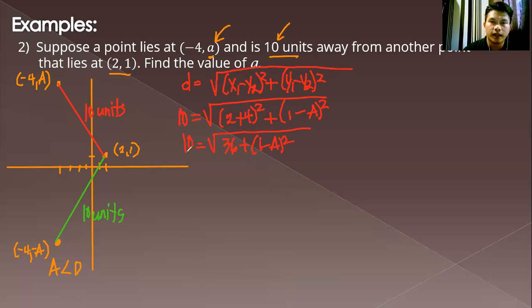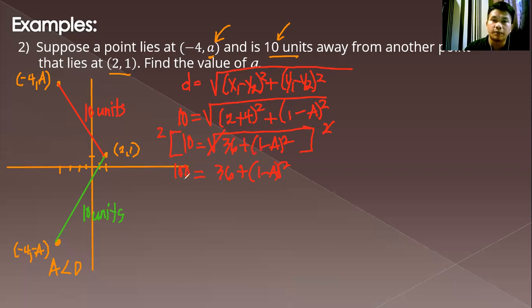The next thing to do is to square both sides para matanggal yung radical sign. So 10 squared, that is 100, equals 36 plus (1 minus a) squared.